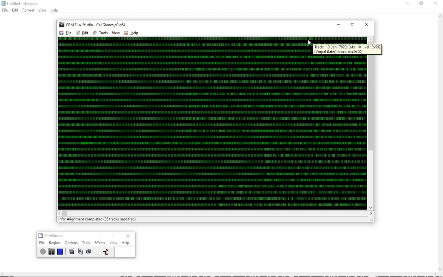Again, this is an important point to understand what I'm going to discuss next. It's along the same lines, but I think a better way to look at the write splice is actually where are we going to finish writing a track.